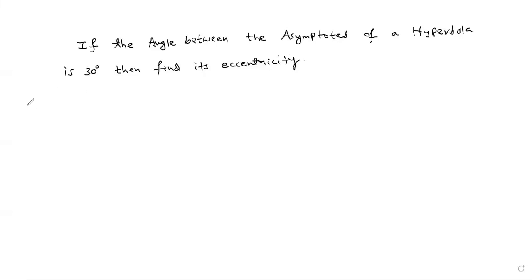An angle is given, find its eccentricity. This is a most important question. Given the angle between the asymptotes as 30 degrees.